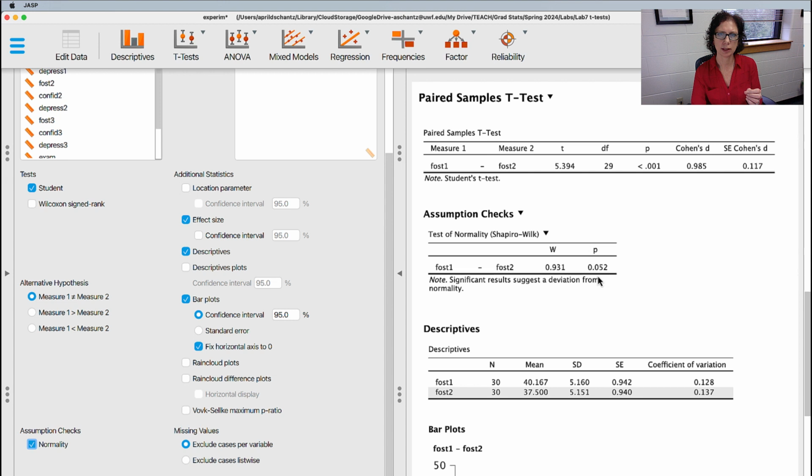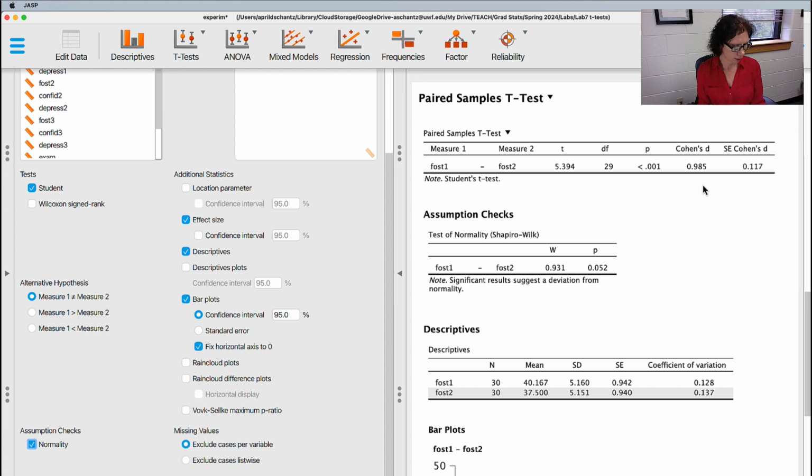So we see that it's 0.052. It squeaks by. It's a non-significant Shapiro-Wilks test, just barely, but it does meet normality here. So we've checked our assumptions for the paired test. We've got our information we need with the t-test, the degrees of freedom, the significance value, and the Cohen's d.